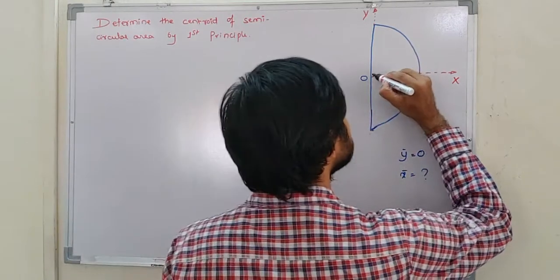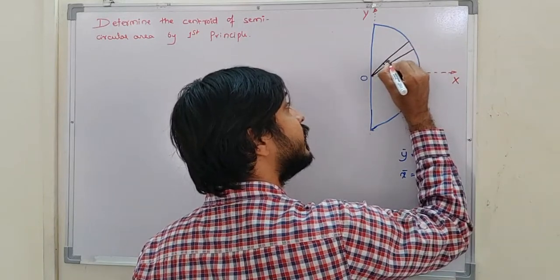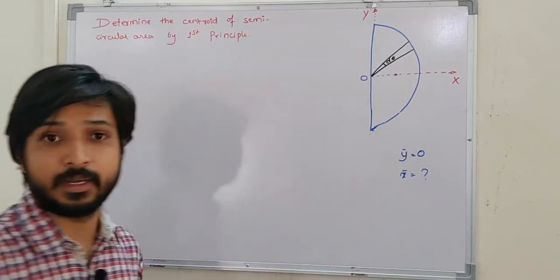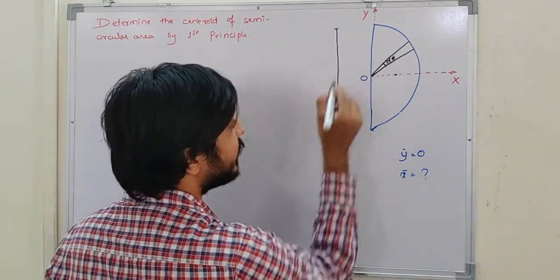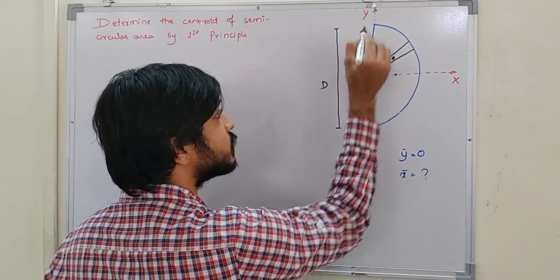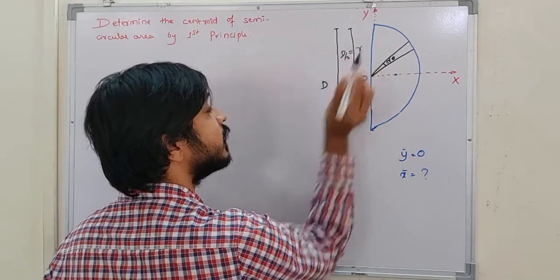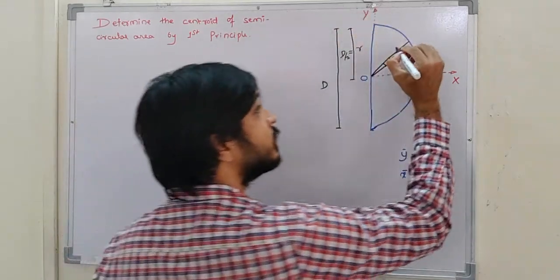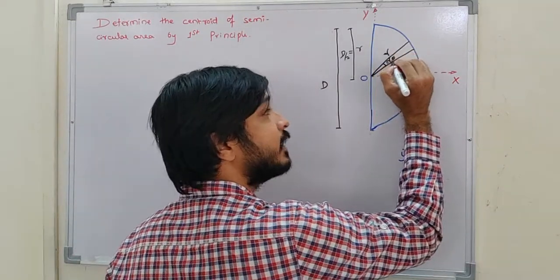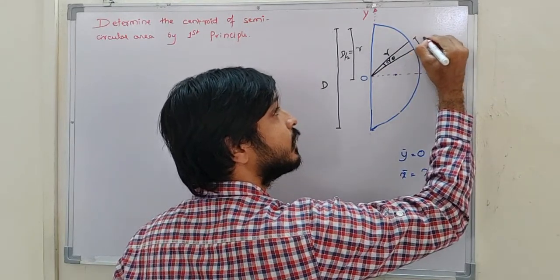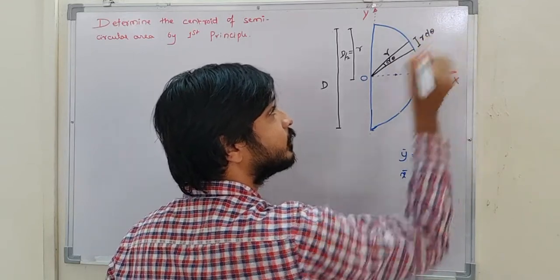Here also I'll take a small strip of area whose angle is d theta, and you know this total height is D. So this will be D by 2, or I can also write it as radius R. If this is R and this is angle theta, this becomes R d theta, correct?